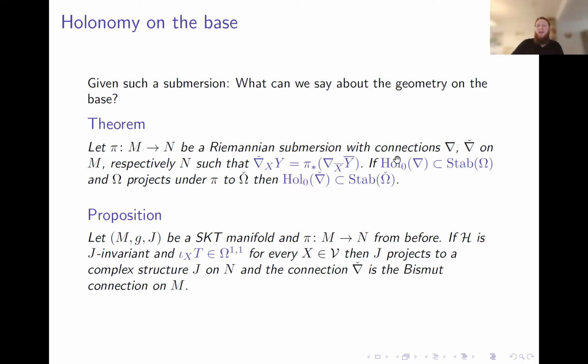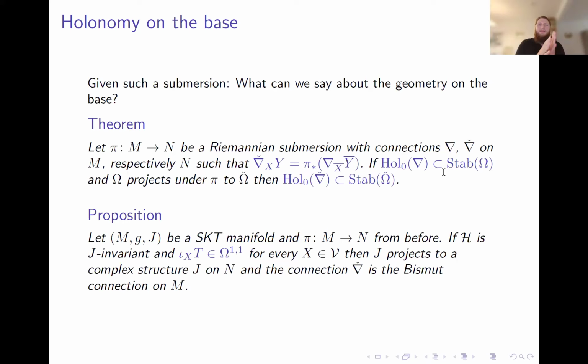So suppose that the holonomy is inside the stabilizer of some tensor. We've seen that this is the usual setup we have. In Berger's theorem, for example, we have some tensor that we know is preserved, so the holonomy is in the stabilizer of this tensor.